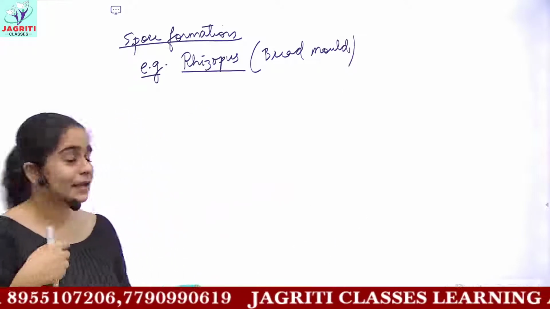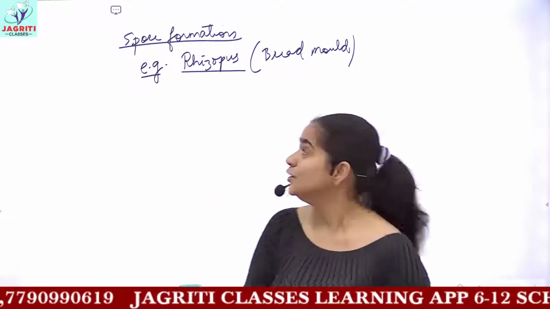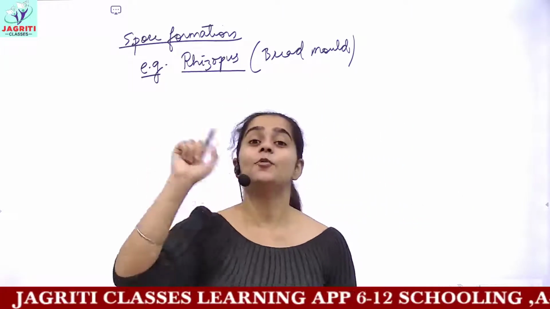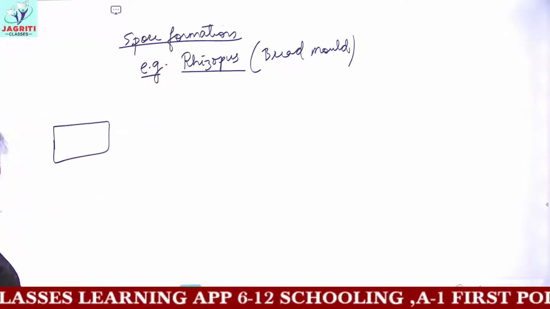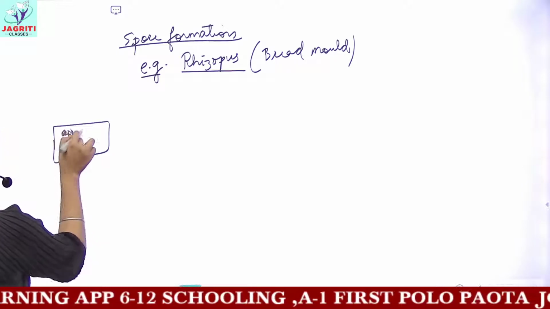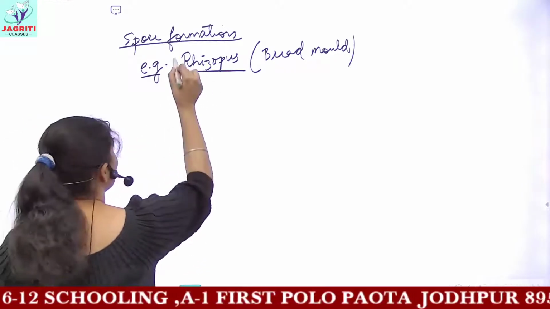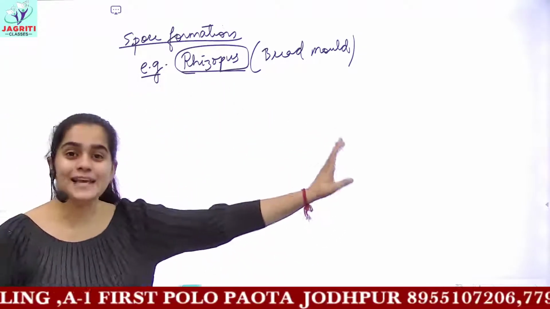And I think if you have seen a rotten bread in your homes or anywhere, you might have seen this Rhizopus. Some thread-like network forms on the bread in the form of patches. Let's suppose you have a loaf of bread with you, and here some thread-like patches form on the bread. So these thread-like patches are the colony of this Rhizopus, and Rhizopus is commonly known as bread mold.